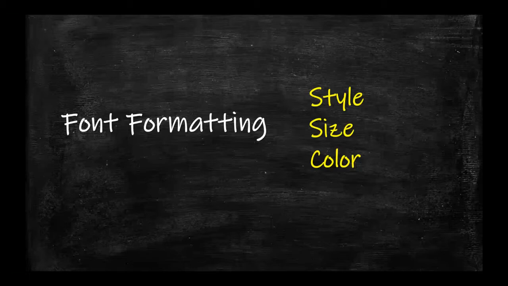We call that the font style. The font size is the size of each letter or each text that we put on our page, and the color. By default, when we type on our document, the default color of the text is black.